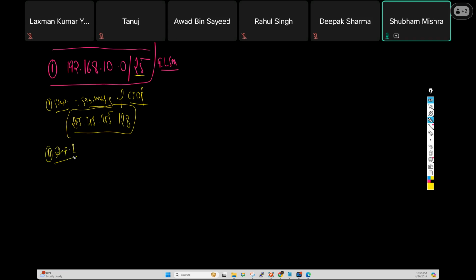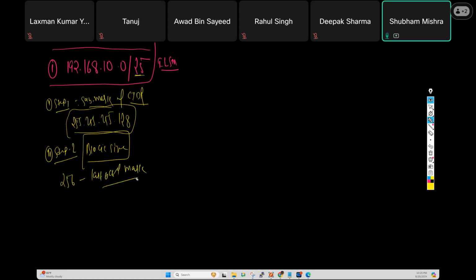Now, step number two. In step number two, you have to calculate the block size. Everyone, how can you calculate the block size? The formula is 256 minus the last octet mask.